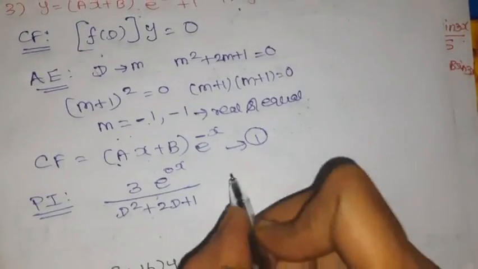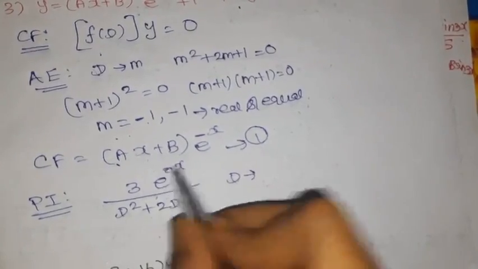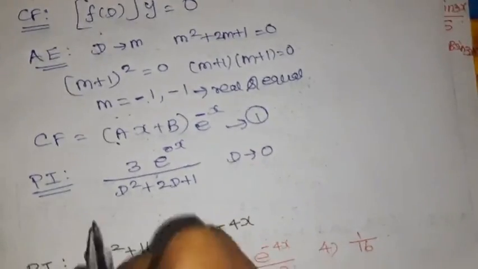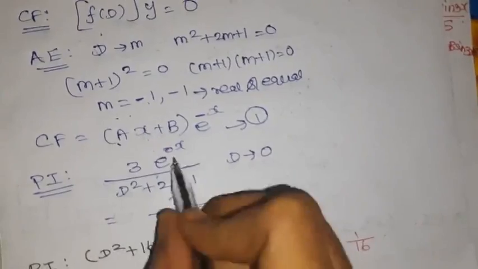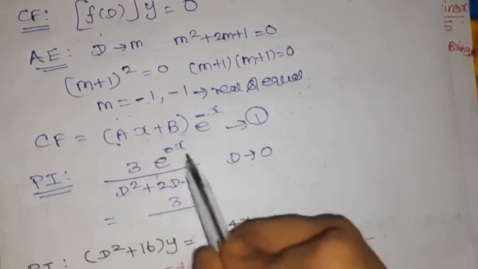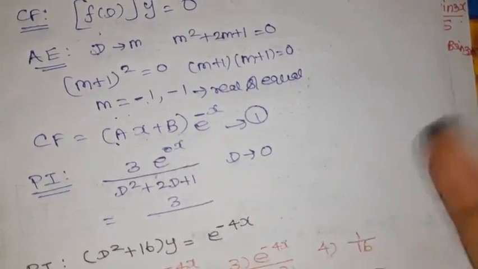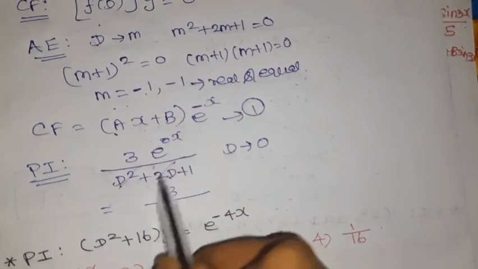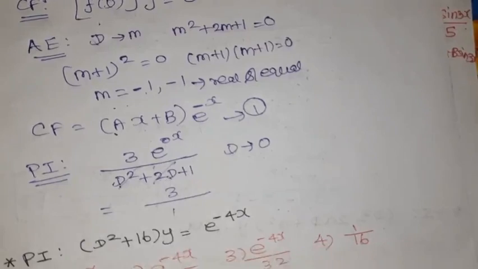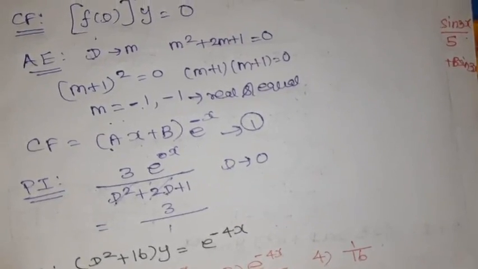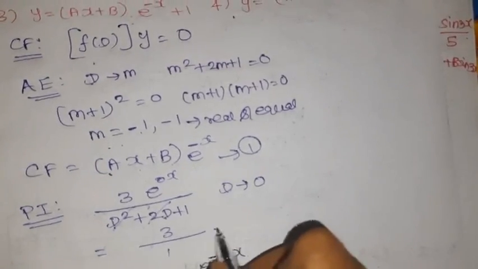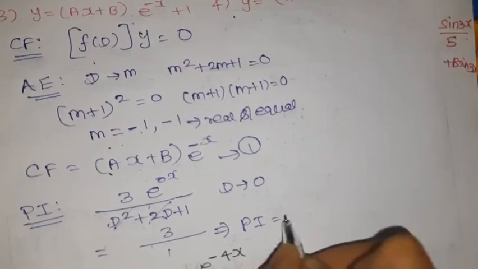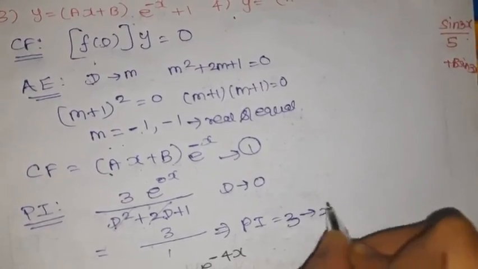Then what is the next step? Just replace d by 0. So we simply write 3 alone, because the denominator is 1 only. Applying 0, we get 3 divided by 1. So the particular integral is 3. This is equation 2.